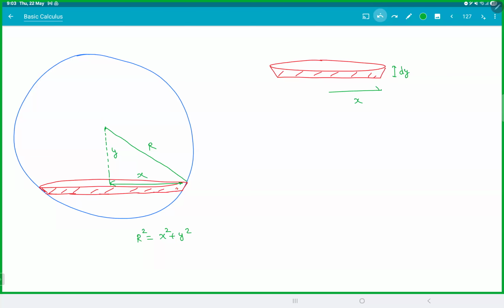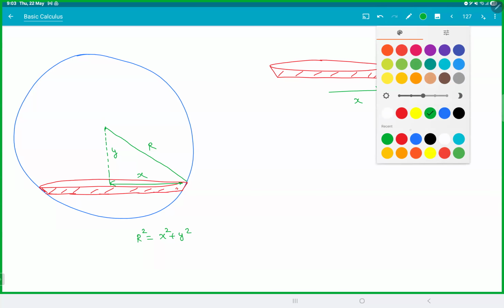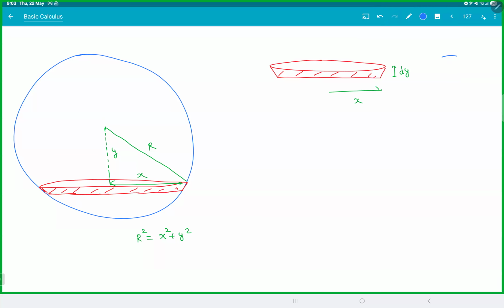So the thickness of the disk is dy and the radius of the disk is x. Is that making sense, everyone? So the volume of this disk, if you think about it, is like a thin cylinder. If you have radius r and height h, the volume of the cylinder is pi r square h.